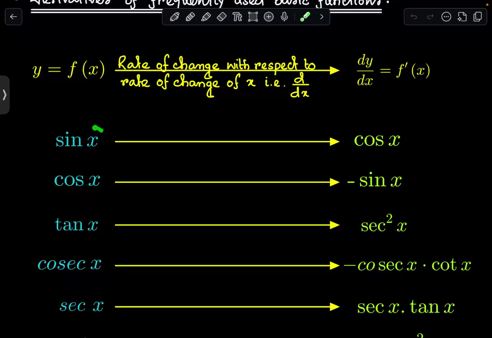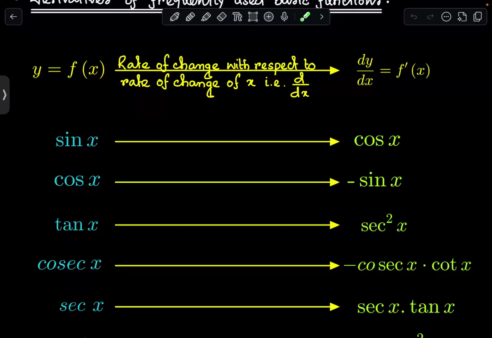When we differentiate with respect to the variable angle, keep in mind the first reference: sine changes to cos when differentiated with respect to the variable angle.